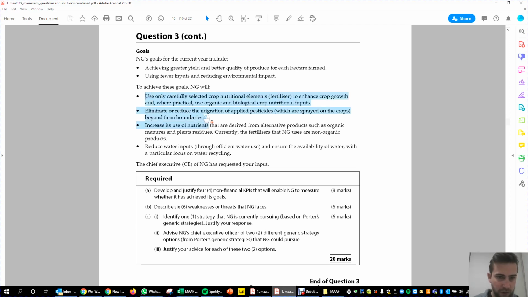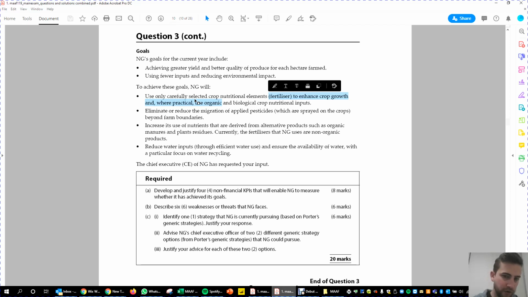So if we go through these one by one and come up with a worded KPI that we could use and then provide a justification. So number 1, if we focus on the use of crop nutritional elements, so fertilizer, so the use of organic fertilizer, they want to increase their uptake. So we need to figure out a way of putting a target which can be measured, which is actionable, specific, and so forth.